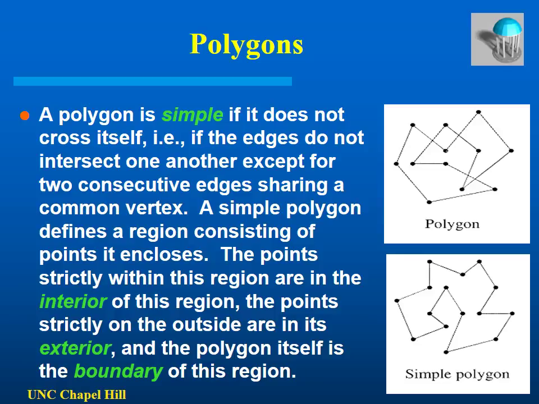It is defined to be simple if it does not cross itself. That is to say, the edges do not intersect one another except two consecutive edges sharing a common vertex. So the upper polygon is not simple. The lower one is. Its edges do not cross each other.